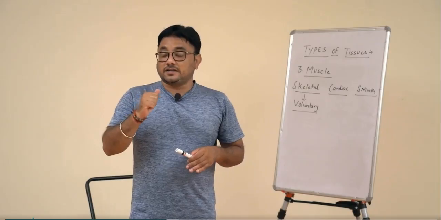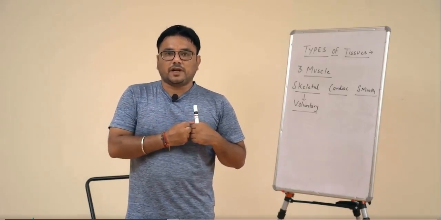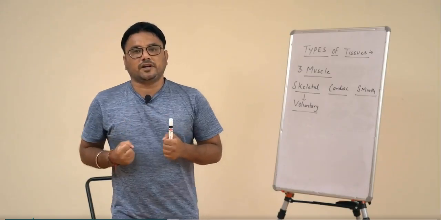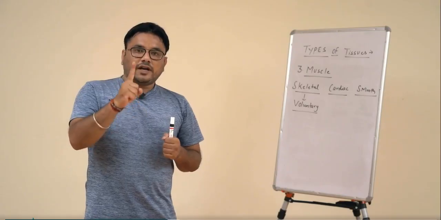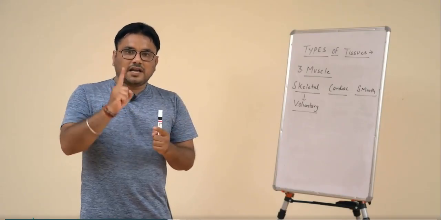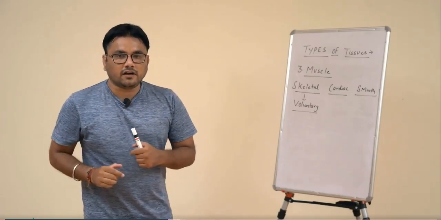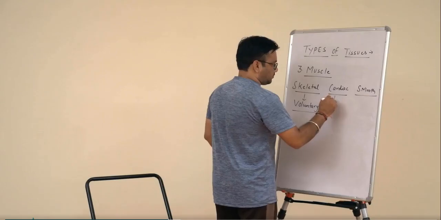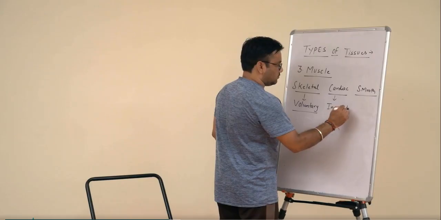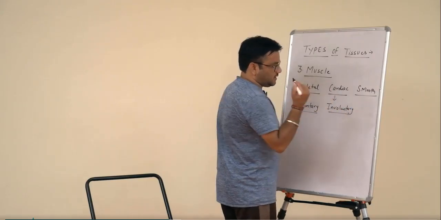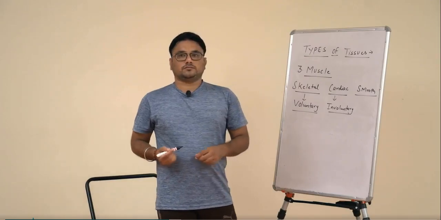But it's not possible to stop and start your heartbeat whenever you want. So these muscles found around your heart region, the cardiac muscles, are involuntary in control.